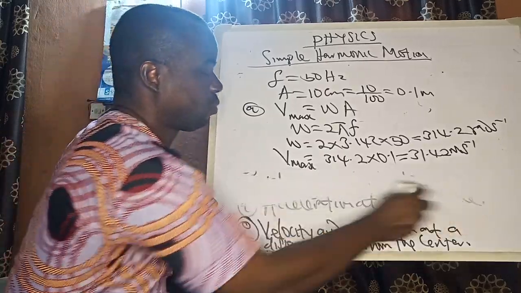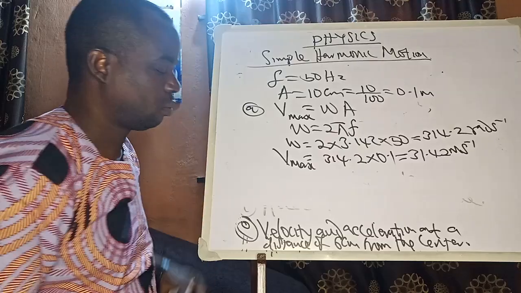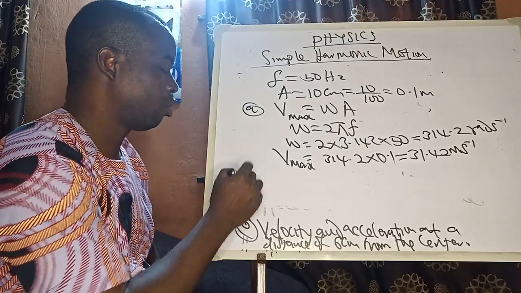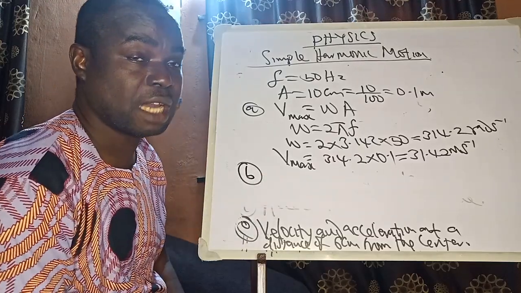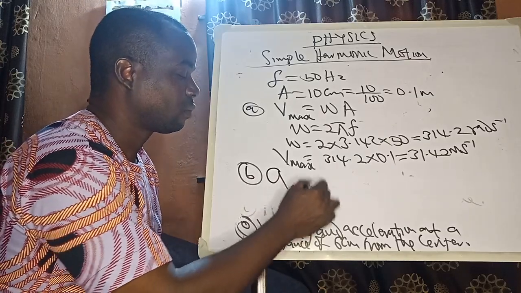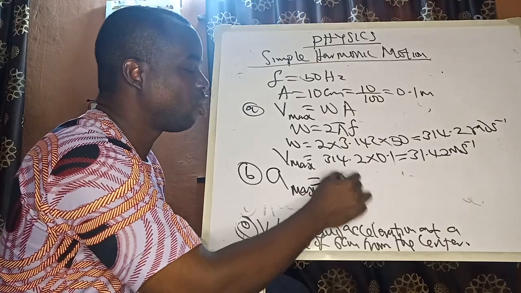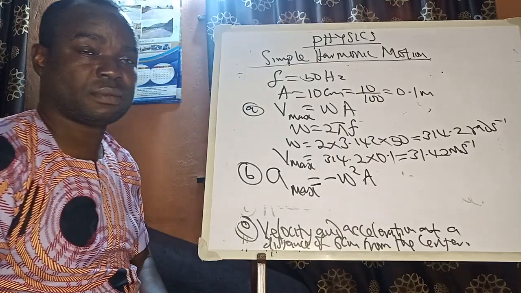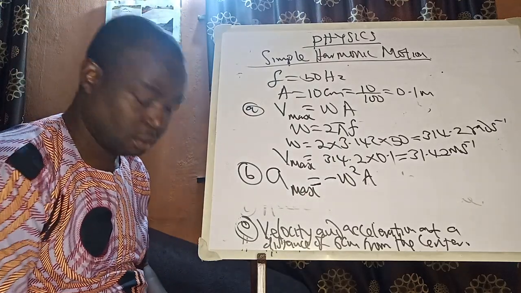Now, maximum acceleration. Number 2 says you should find maximum acceleration, right? The formula for maximum acceleration, A max, is negative omega squared A. Okay?